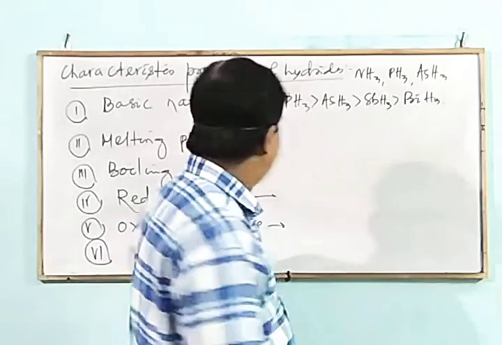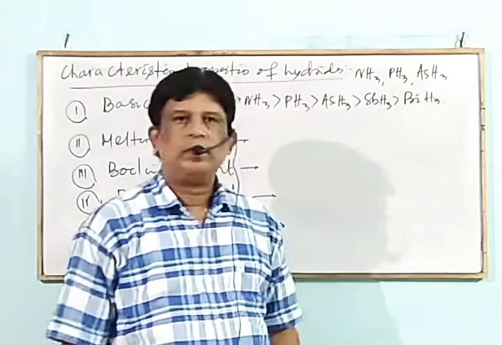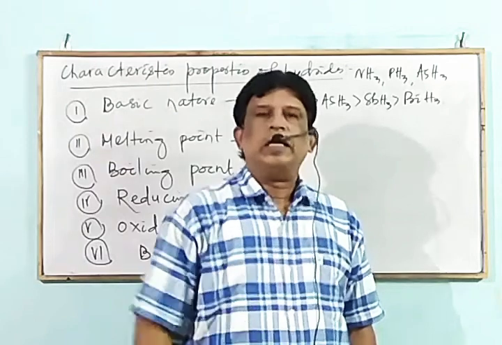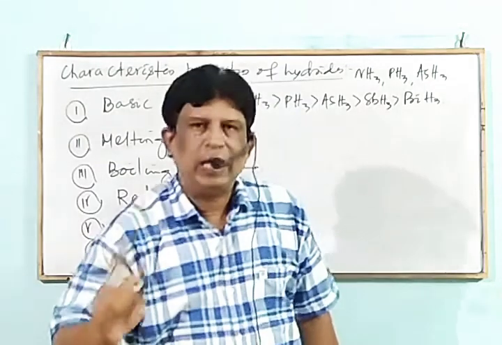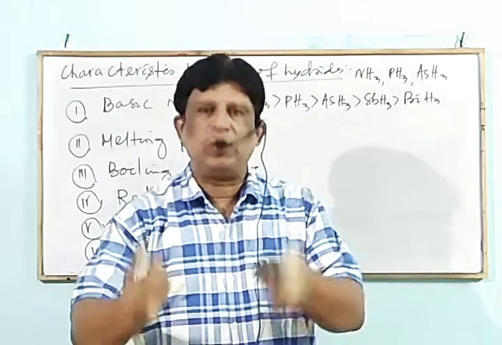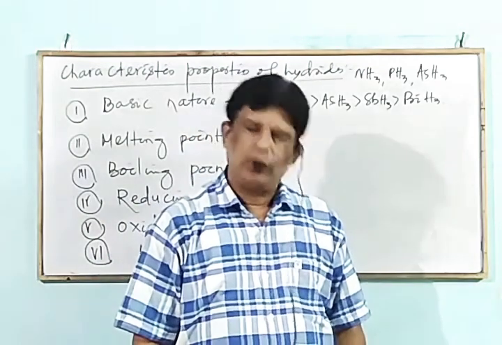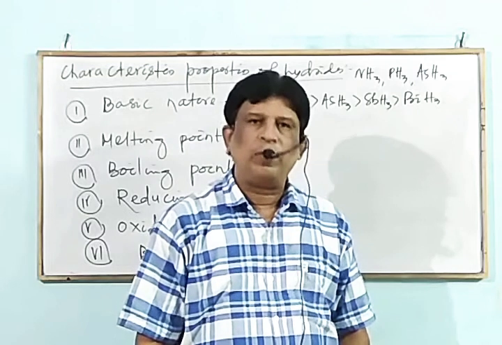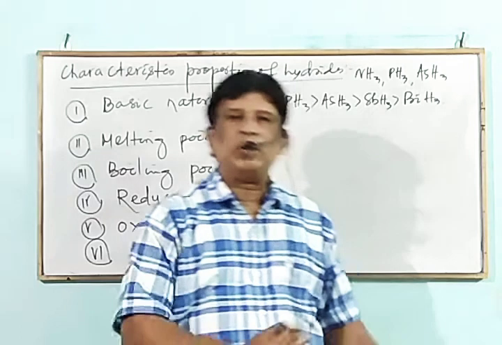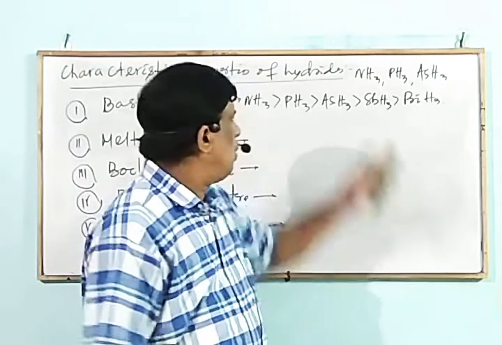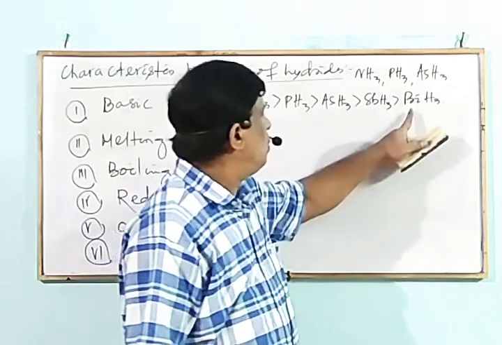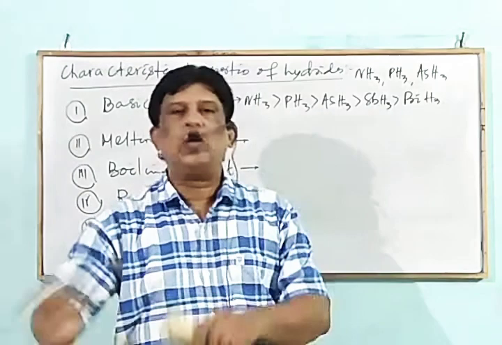Next, let us discuss melting point. As we know, the first member, nitrogen, due to smaller size and higher electronegativity, has intermolecular hydrogen bonding. So it possesses a high value of melting point. However, this value gradually increases from phosphine to bismuth in a regular trend.